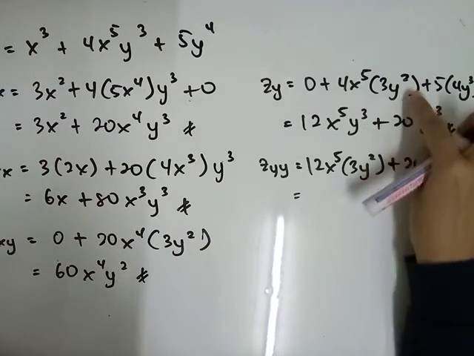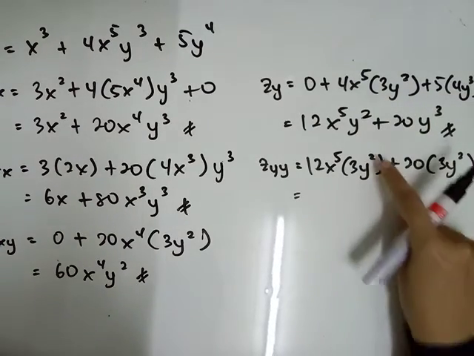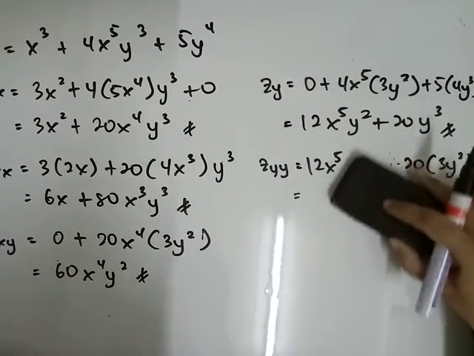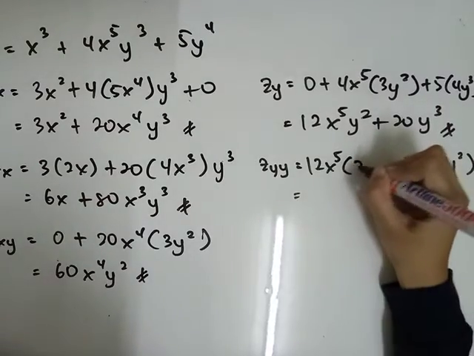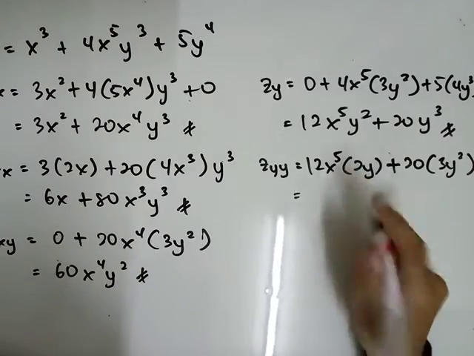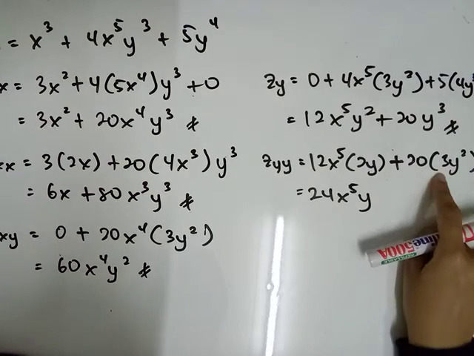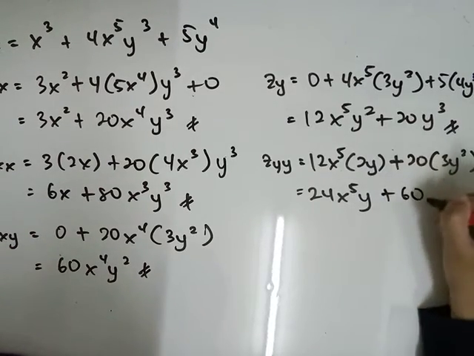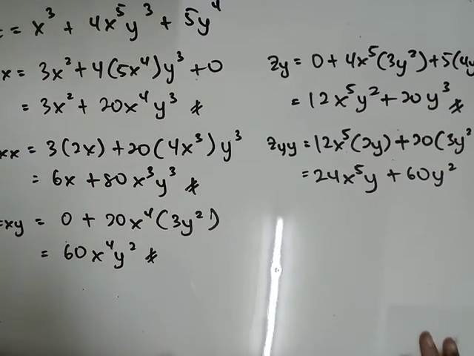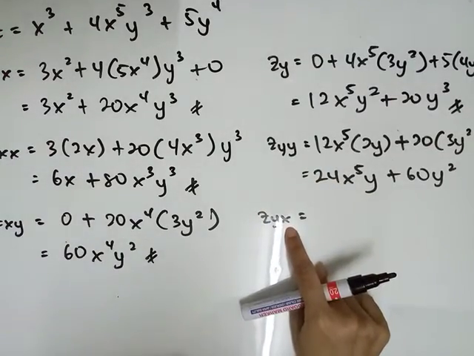Sorry, this one is y squared. So 12 times 2, we get 24x power 5 y. 20 times 3, we get 60y squared. Is it correct?